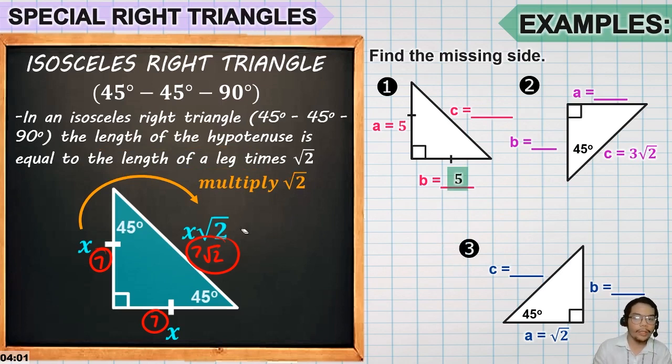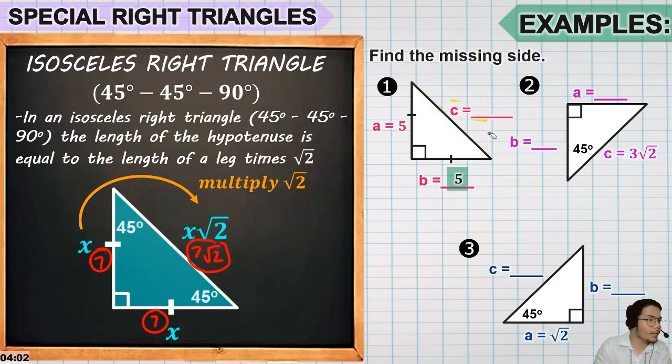Next, how do we now identify the measurement of the hypotenuse? Katulad nga nung binanggit as a property of this special right triangle, if you want to identify the measurement of the hypotenuse, you just multiply the measurement of the leg by square root of 2. So, if the measurement of one leg is 5, ano ngayon yung sukat nitong hypotenuse natin, which is represented by variable C?